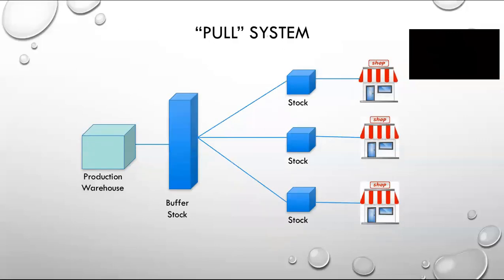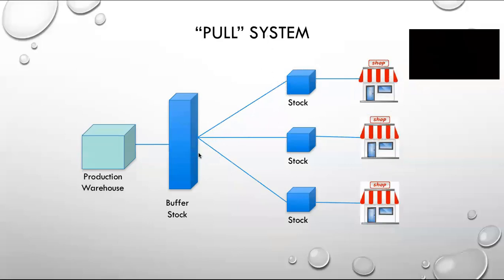Now, in a pull system, our large stock is maintained near the production warehouse because we address the variation directly through smaller lot sizes.